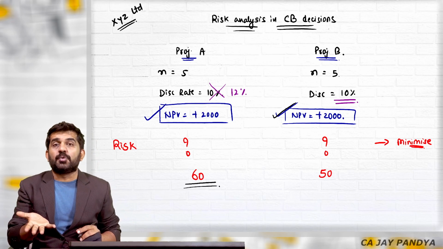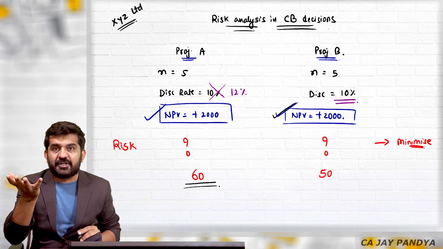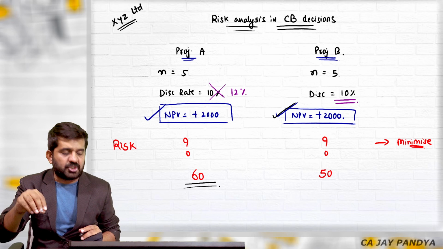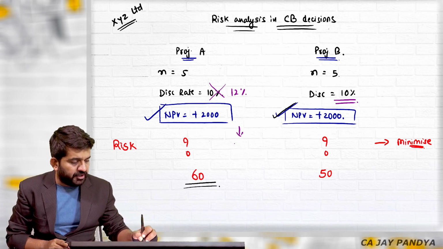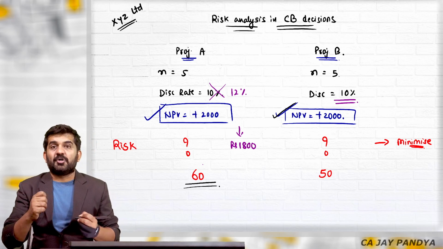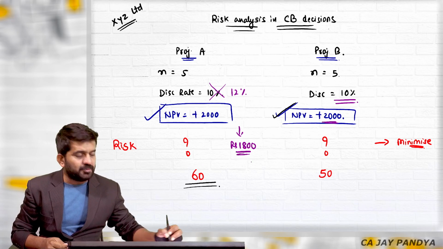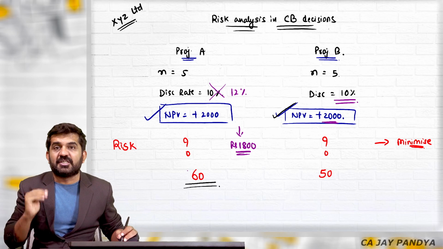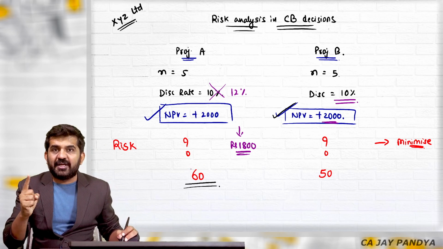Believe me, as you increase the required rate of return, you are including a risk premium in the discount rate, and your NPV would decrease. Say it would become 1800. Which project will you select? 1800 NPV or 2000 NPV. You have taken the right decision.